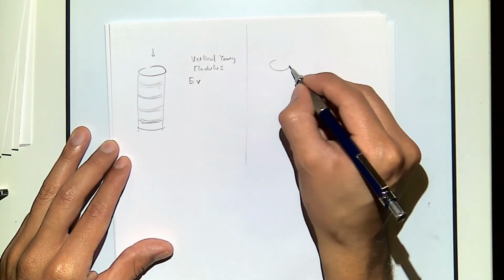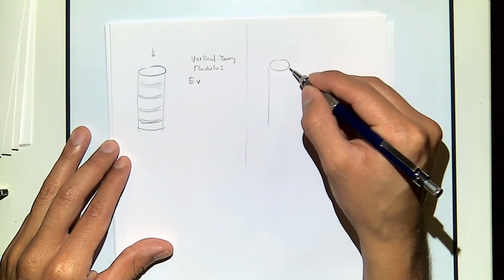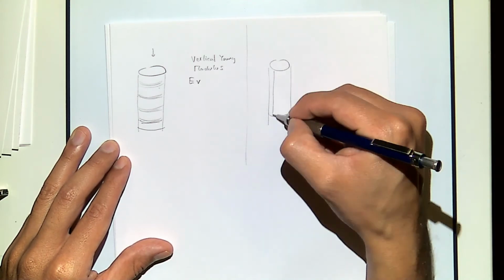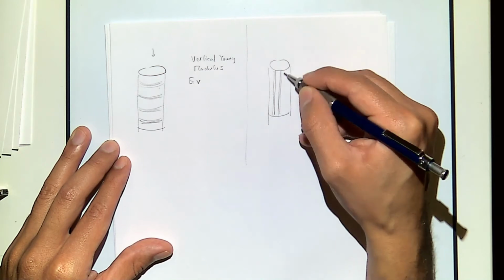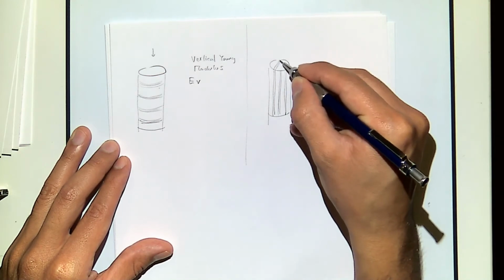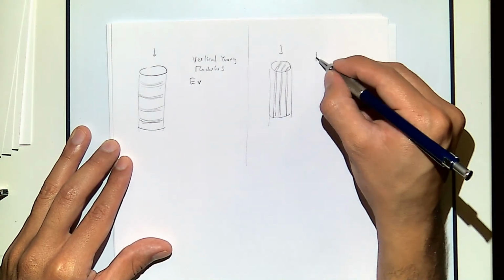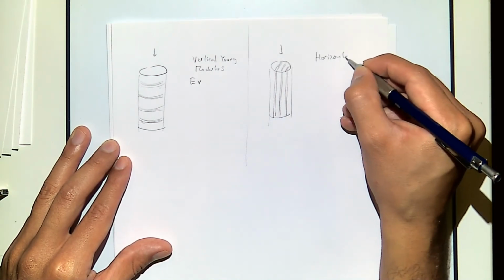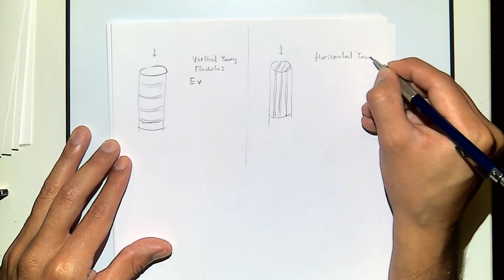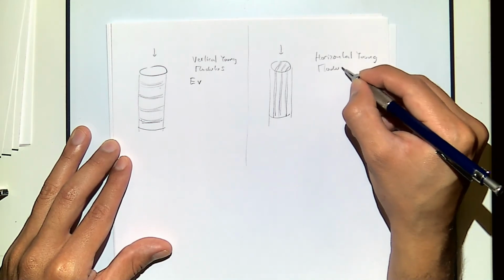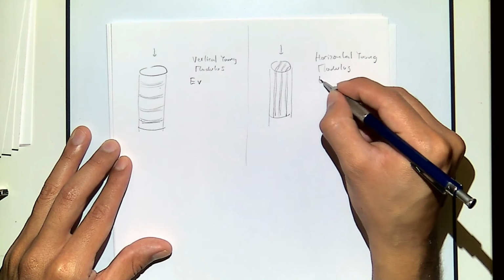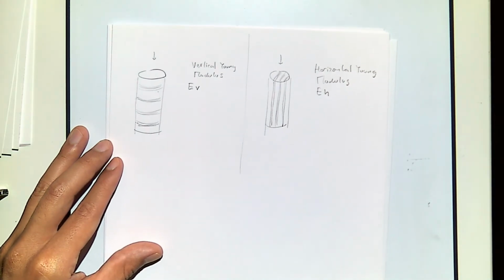And I'm going to have the same sample, well, not the same, but the same rock, and apply stress and measure the horizontal Young modulus. Which one is going to be higher?